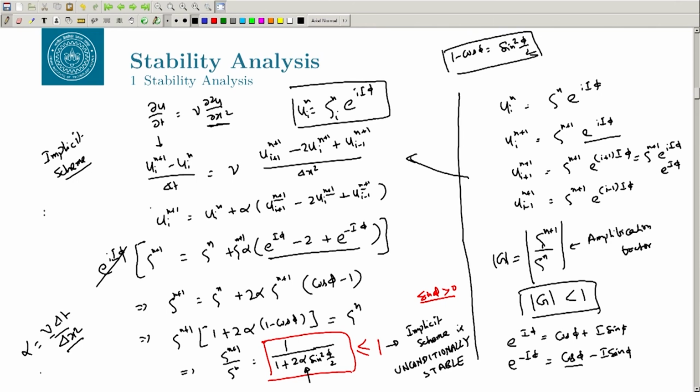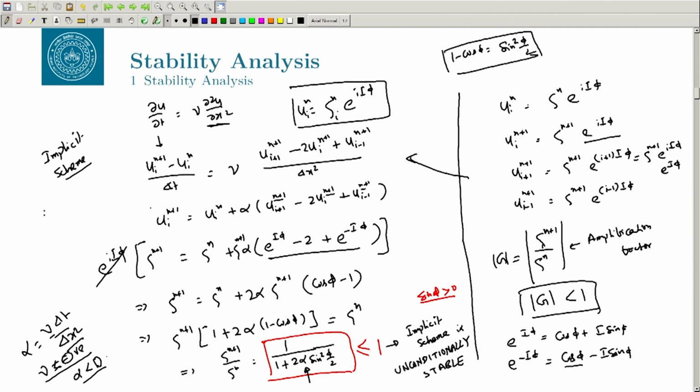So, if nu is negative, then your alpha is basically less than 0, and this will be negative and your scheme will blow up, and that is what we have seen earlier also, that if your viscosity is negative, or diffusion coefficient is negative, your scheme will blow up.